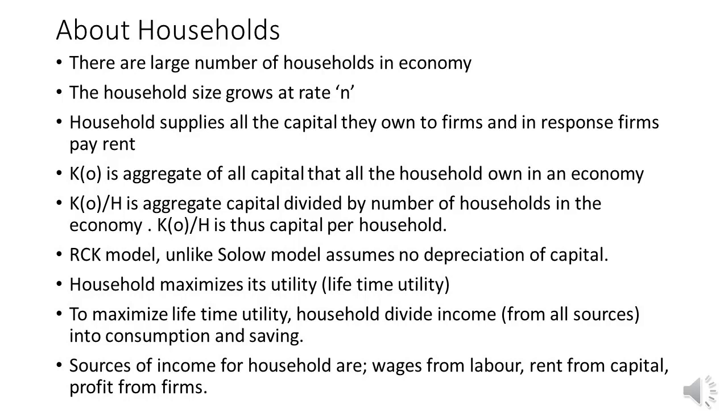Households maximize their lifetime utility, not the utility of a fixed time, but their lifetime utility. To maximize the lifetime utility, households divide income from all sources into consumption and saving. All the income that a household receives from different sources, like supplying labor, like supplying capital on which they earn rent, the aggregate of this income is divided by the household into consumption and saving.